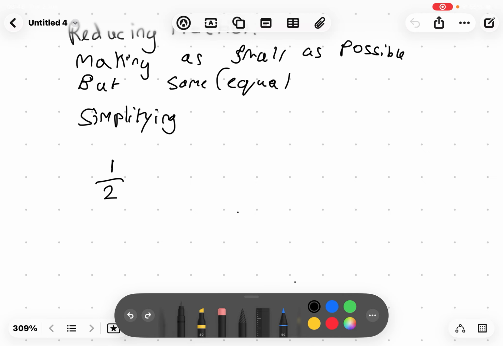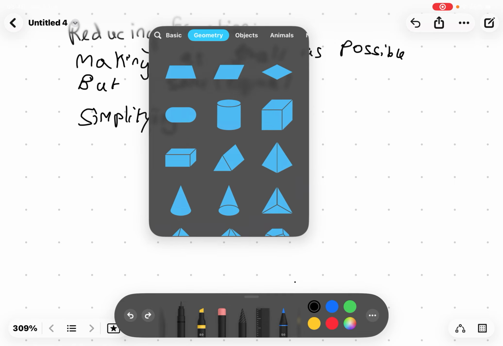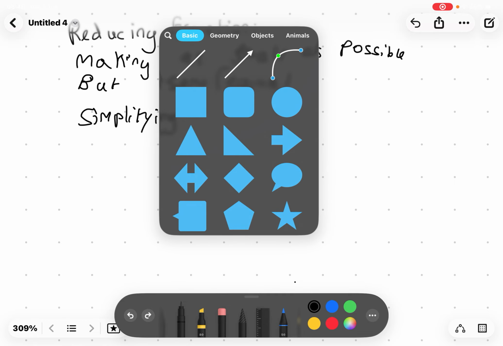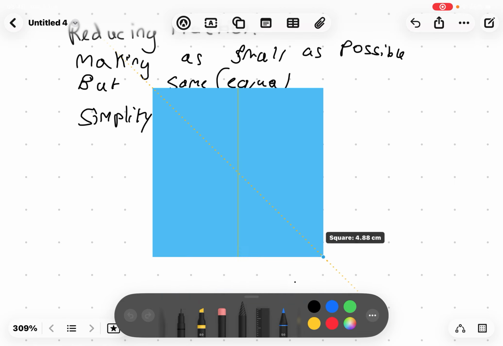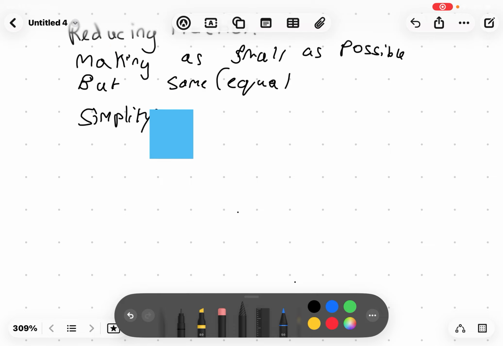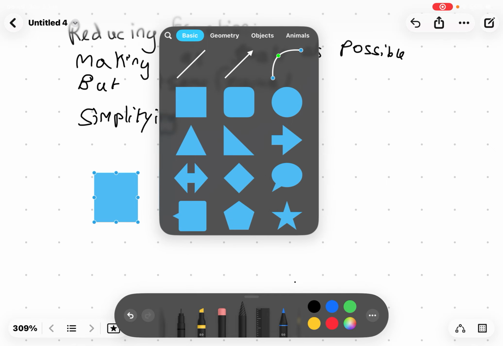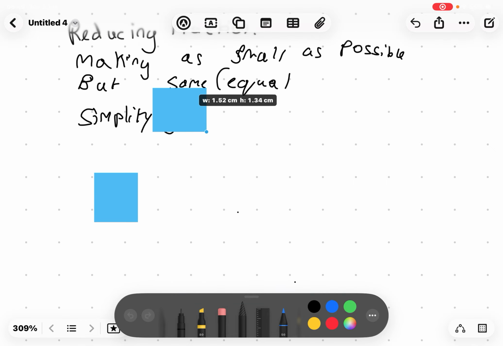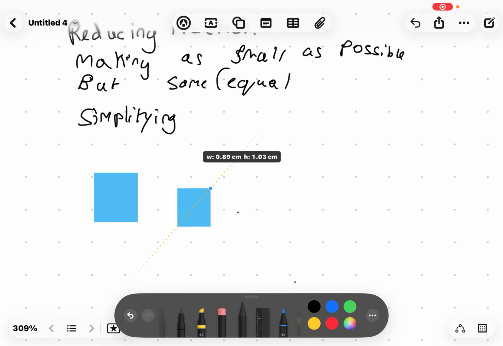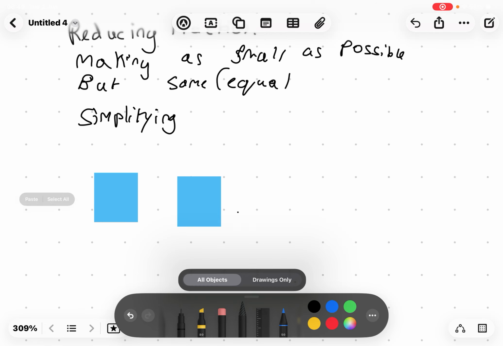Do I have a shape here that I would need? Okay, let's do this one. I want to make, are they the same? Hopefully they are. Imagine these two are exactly the same.